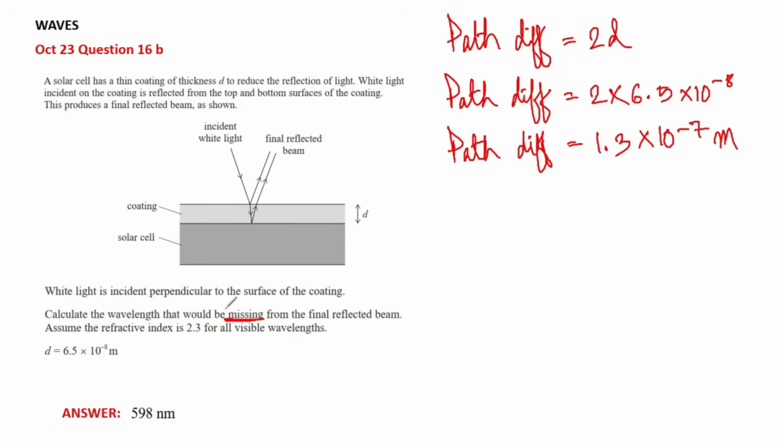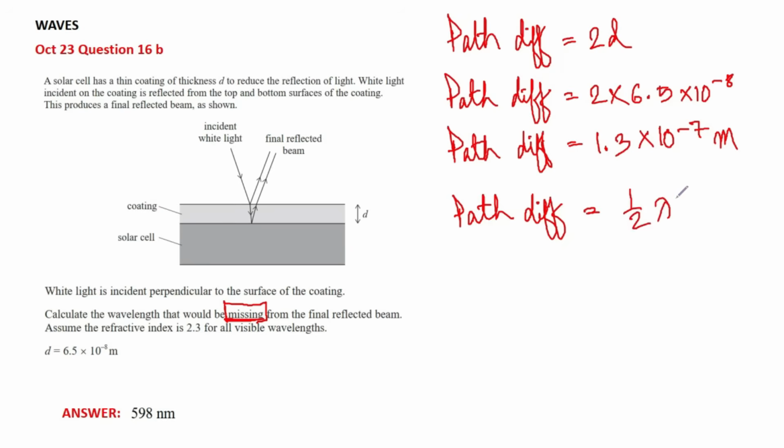Now, since the question clearly says a wavelength would be missing, the missing wavelength corresponds to destructive interference. And destructive interference occurs when the phase difference is 180 degrees or when the path difference is an odd number of half wavelengths. I repeat, an odd number of half wavelengths. So this path difference would be half of the wavelength.